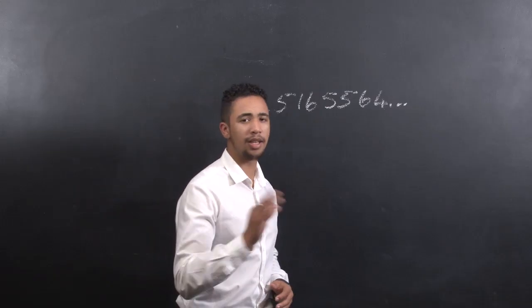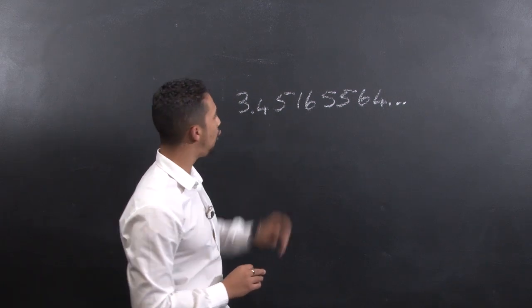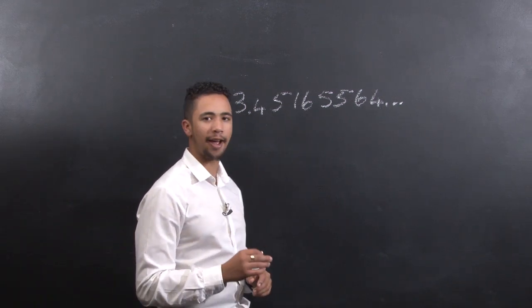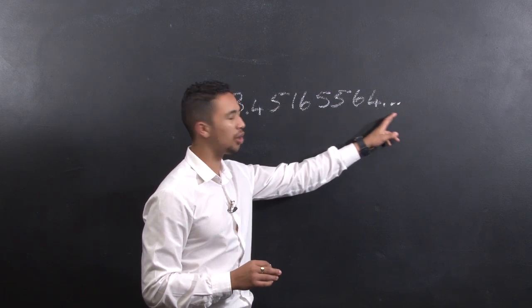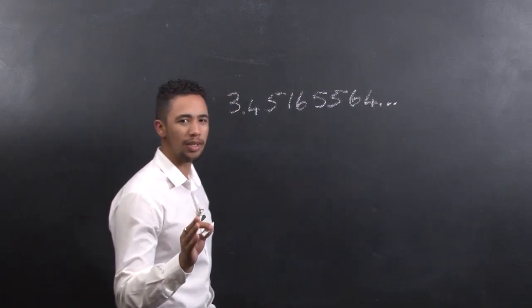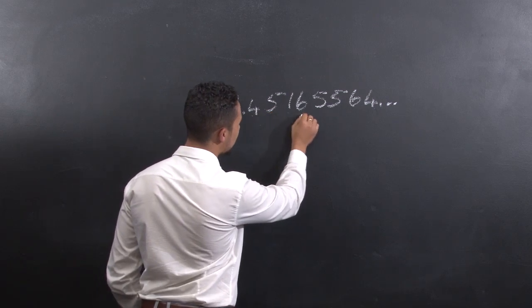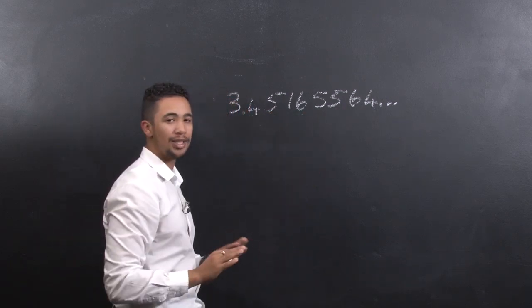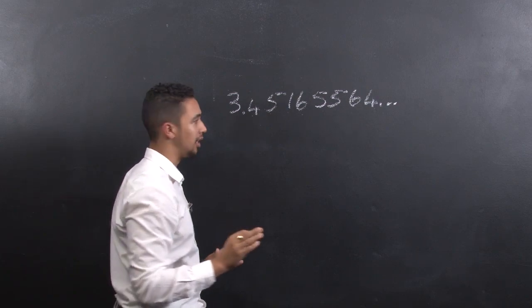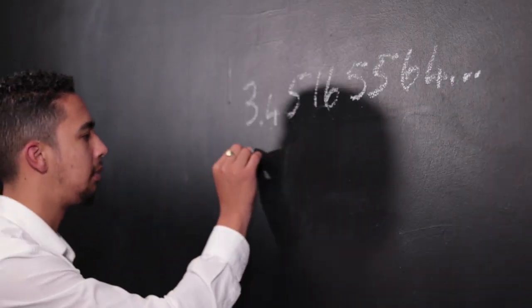So let's take a look at this number. 3.45165564, and it goes on. There's no sequence in the decimal. 4, 5, 1, 6, 5, 5, no sequence at all. We regard these as an irrational number.